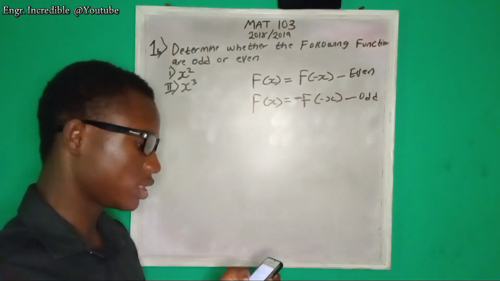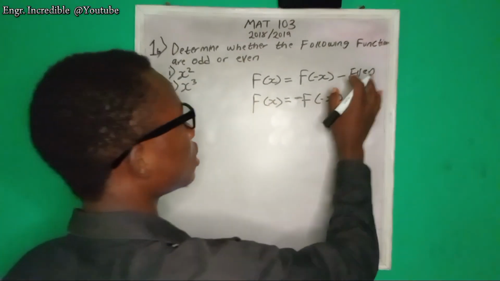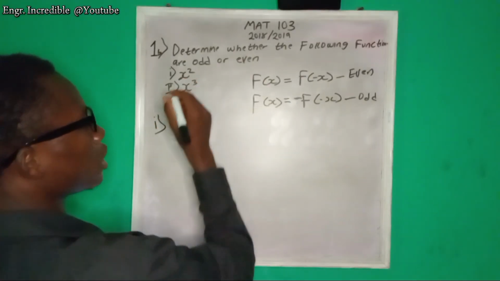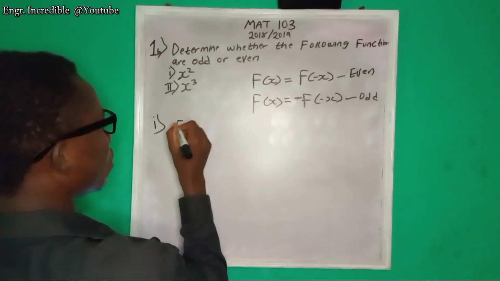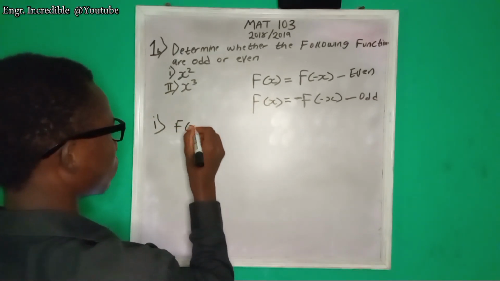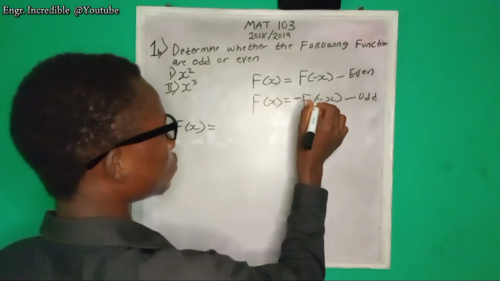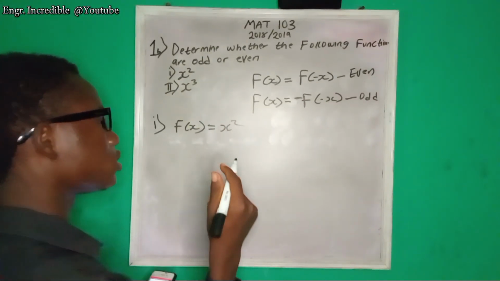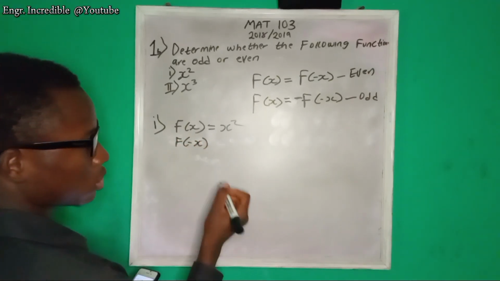So now we are going to be testing it on both. Now let's start with the first one. We have f of x is equal to x square. Then what is f of minus x? Simple.